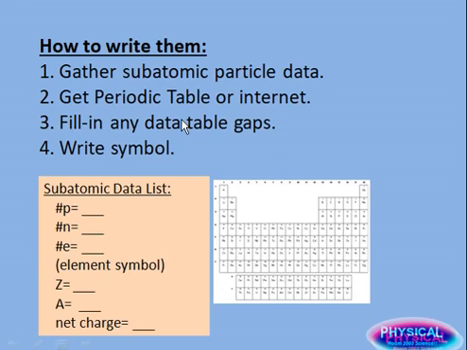Fill in any data table gaps. Given certain combinations of these, I don't need all of these given, but given certain combinations, I can fill in every blank. And then step 4, write the symbol. So gather data, get the periodic table or internet, fill in any data gaps, and write the symbol.